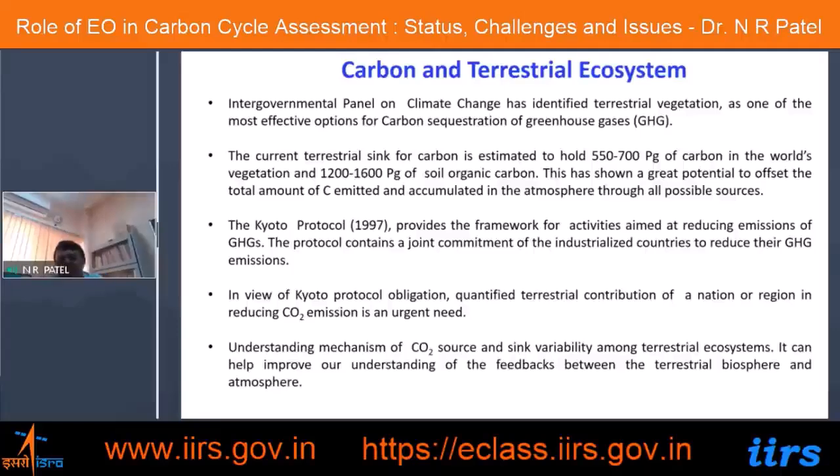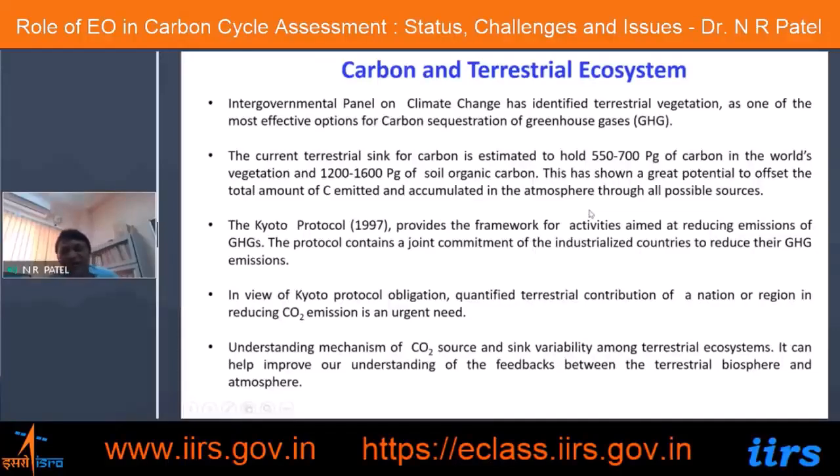So there was a joint commitment in the Kyoto Protocol that they would reduce emissions as well as provide certain kinds of financial obligation to help developing countries like India and others to have green technology, or to help in reducing emission of the greenhouse gases through carbon trading or other mechanisms.